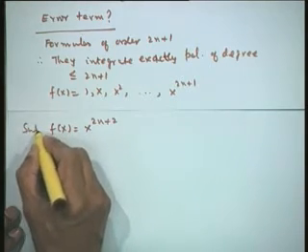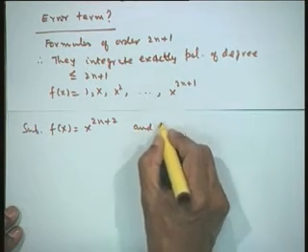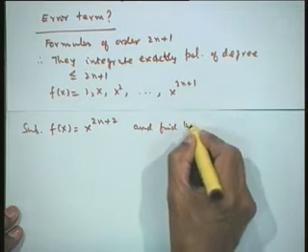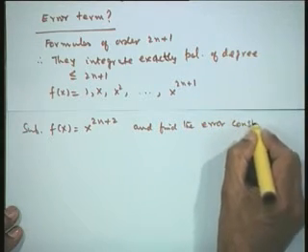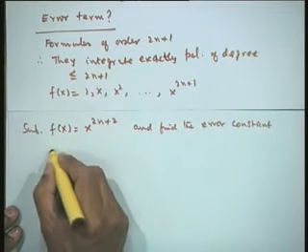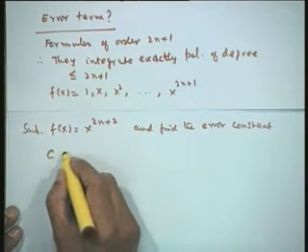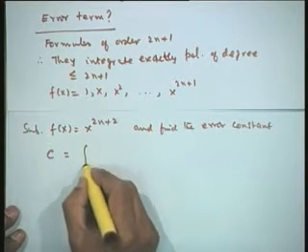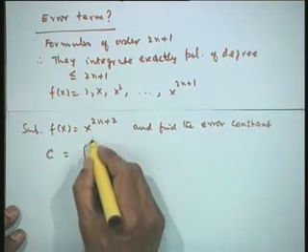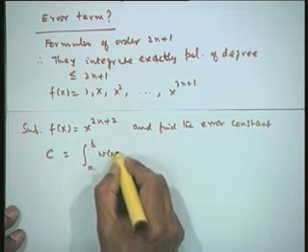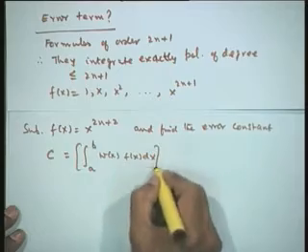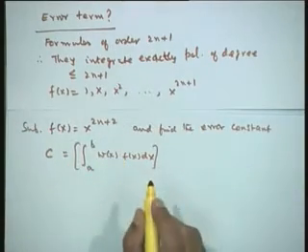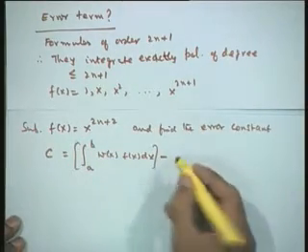Therefore, we substitute this and find the error constant, and the error constant is c. And what is this c? This c is equal to whatever the formula that we have here, integral a to b w(x) f(x) dx, minus one of these formulas that we have now derived, bringing the right hand side to this side.